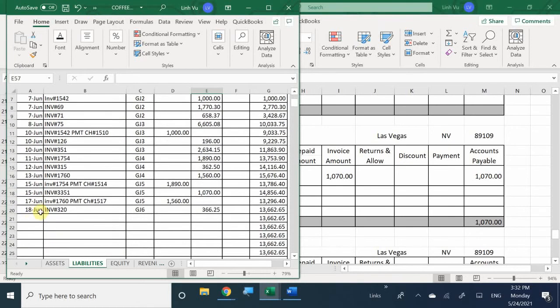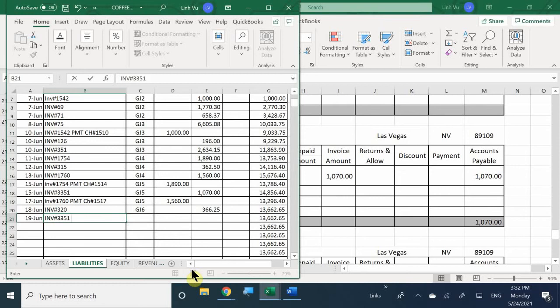Accounts payable, got it here. 19. What are you going to say here? Invoice 3351. I'm thinking in my head, but thinking out loud.